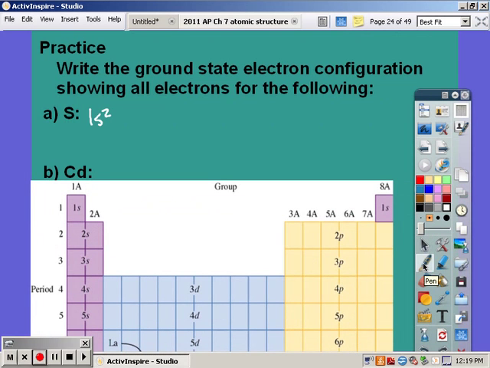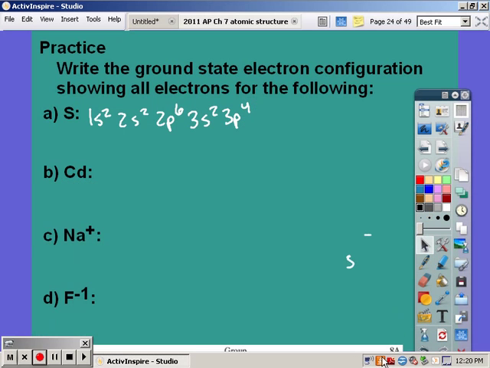So to get to sulfur, we go through the 1s completely. So that's 1s2, then the 2s2, we go all the way through 2p, so it's 2p6, 3s2, and then 3p4, because we stop at the 4th one. Notice the superscript is telling us how many electrons are in that energy level.